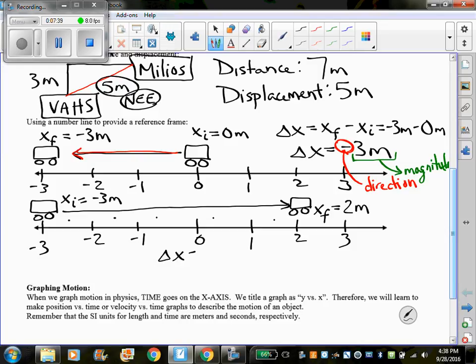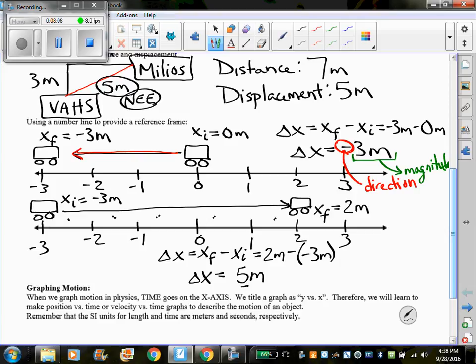Let's calculate the displacement and see if our calculation shows us the same thing. So we're going to do final position minus initial position. So we will do 2 meters minus -3 meters. And 2 minus -3, that's the same thing as 2 plus 3, gives us 5 meters. So did our magnitude match up? Yes, 1, 2, 3, 4, 5.